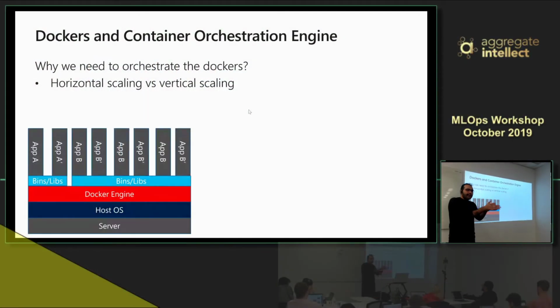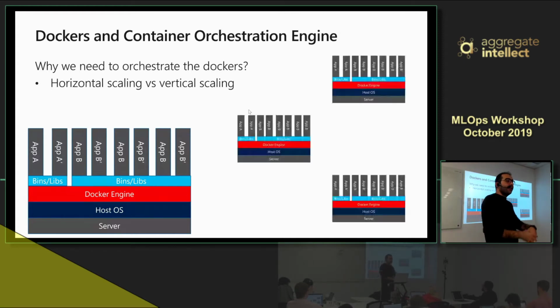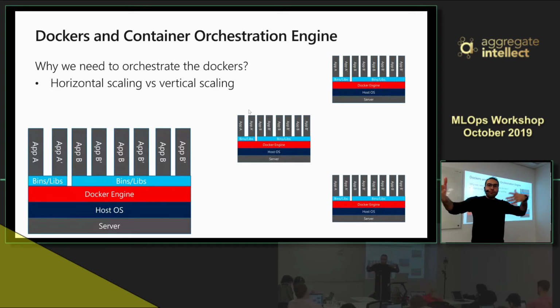We can copy them across the machine until we consume all of the resources in one machine. But what happens if you want to scale horizontally, with multiple machines running these containers, instead of running different VMs or instances on AWS, running Dockers on them and managing everything yourself? You want something to help you do that.